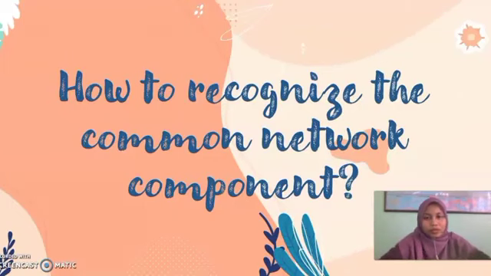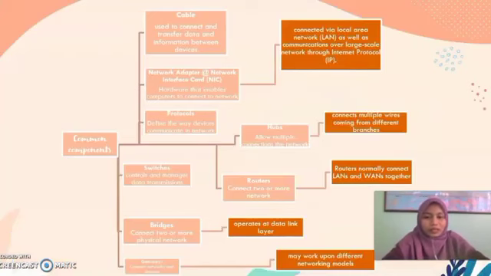And to achieve our objectives, it is really important for us to recognize the common network components and how to recognize them. Okay, so this is a full mind map of the common components of a network that are mainly used. The first one is cable.